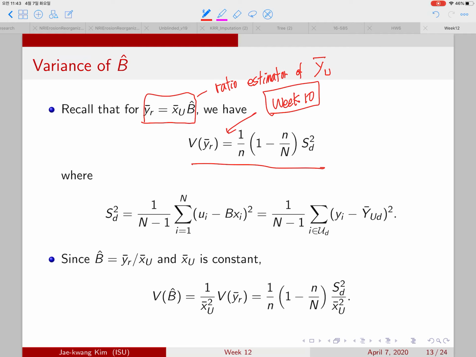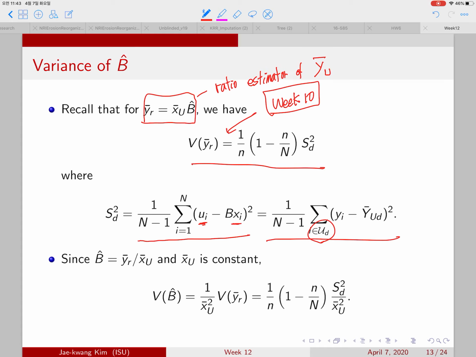By the way, u_i and x_i are defined only among the elements of U_D, so that's why we can write it this way.